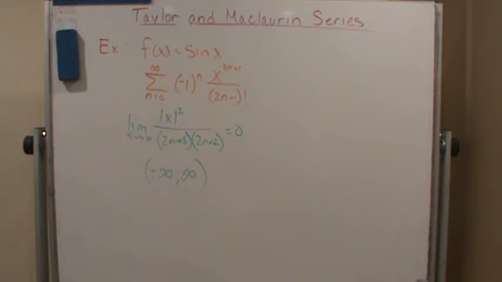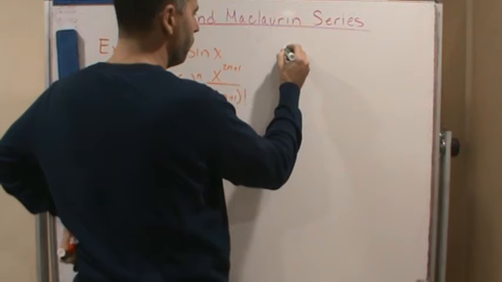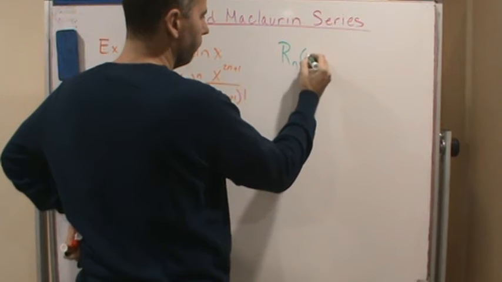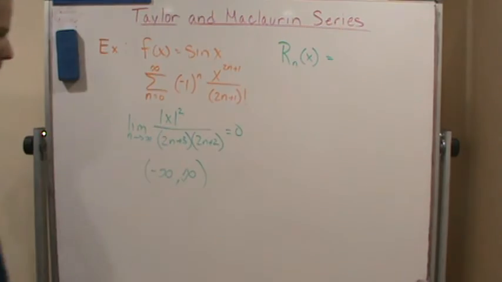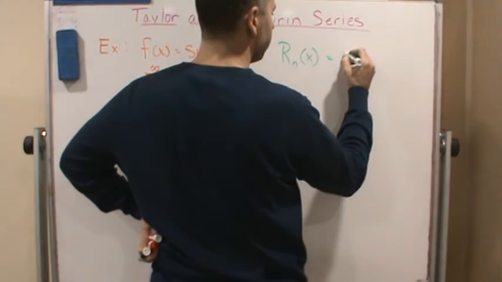And for each x, there exists a real number c between 0 and x such that the following is true. Again, I'm just using what we've learned before. So we know that there has to exist some number c between 0 and x such that we have this.